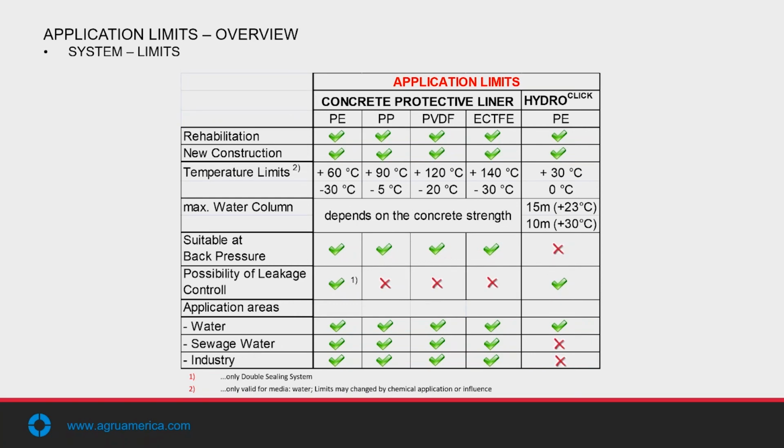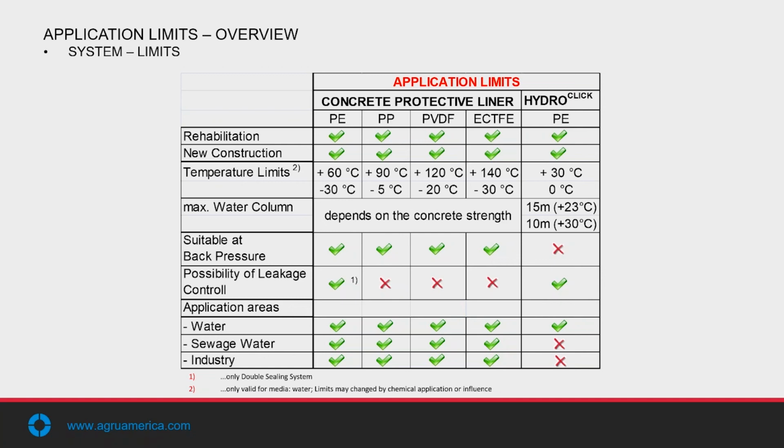The one thing to look at is the temperature limits. With the various resins, this is often where we see the need to go to a different resin other than polyethylene. 60 degrees Celsius, about 140 degrees Fahrenheit, is considered the operating temperature. That's the temperature at which your media would be operating in there.